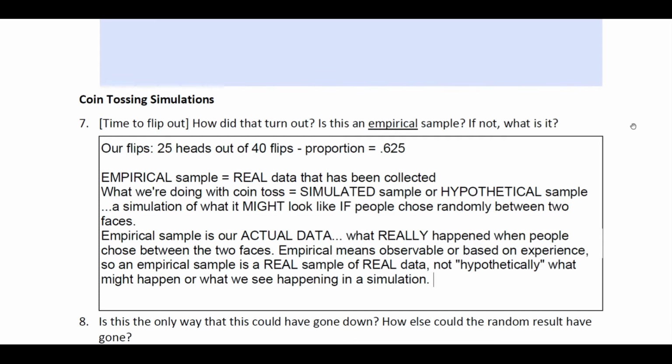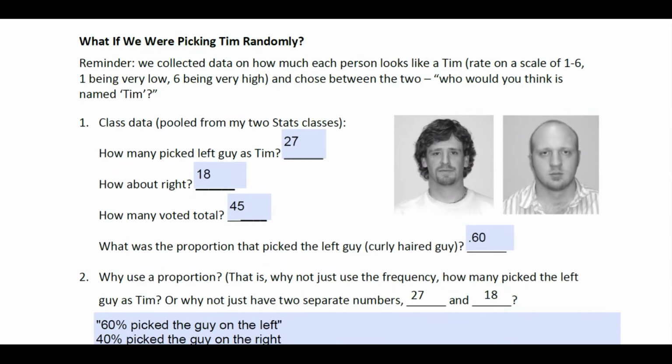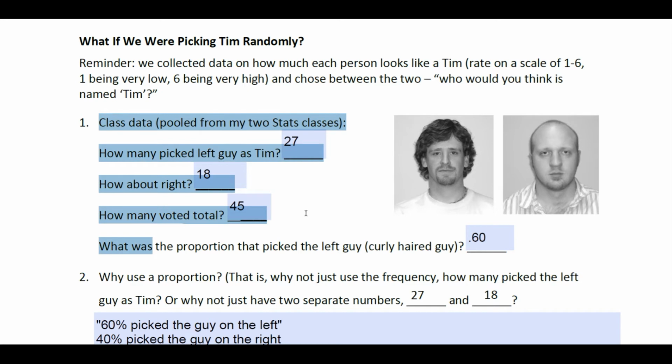The simulated data was what we did when we put all the ages on pieces of paper and scrambled them up, and then we chose 3 at random, right? That wasn't really people being fired. It was a simulation so we could see, well, if we did it at random, what might that actually look like, right?